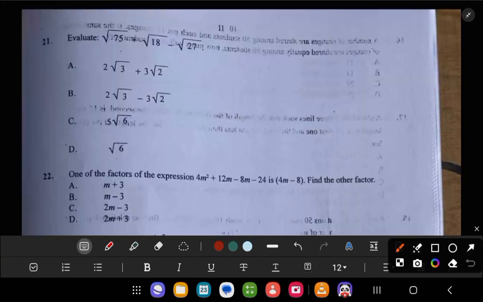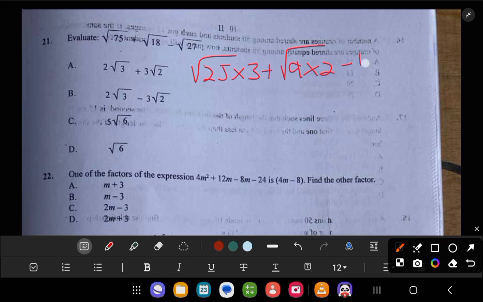So question 21, you have surds here. In order to solve this question, you just need to get perfect squares multiplied by another number. So root 75 is 25 multiplied by 3, plus root 18 is 9 multiplied by 2, minus root 27 is 9 multiplied by 3.